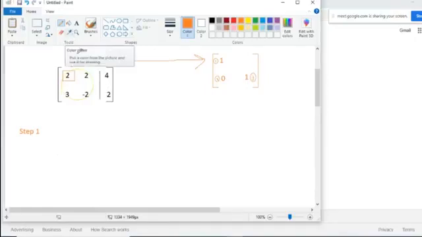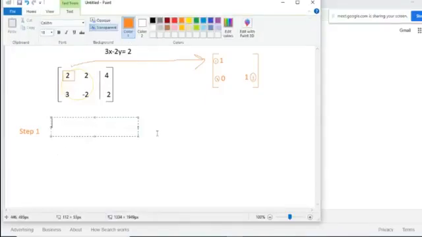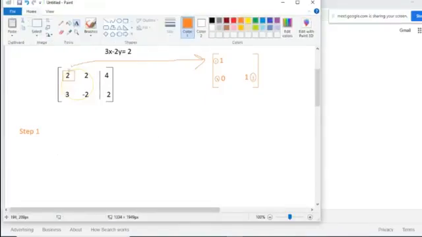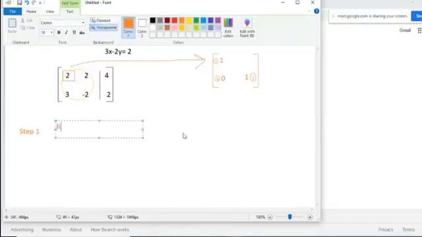Perfect. So I would like to convert this 2 to be 1. How to do that? It's very easy. Ask yourself first, this 2 lays in which row? R1. Then take R1 and divide all the numbers in R1 by 2.